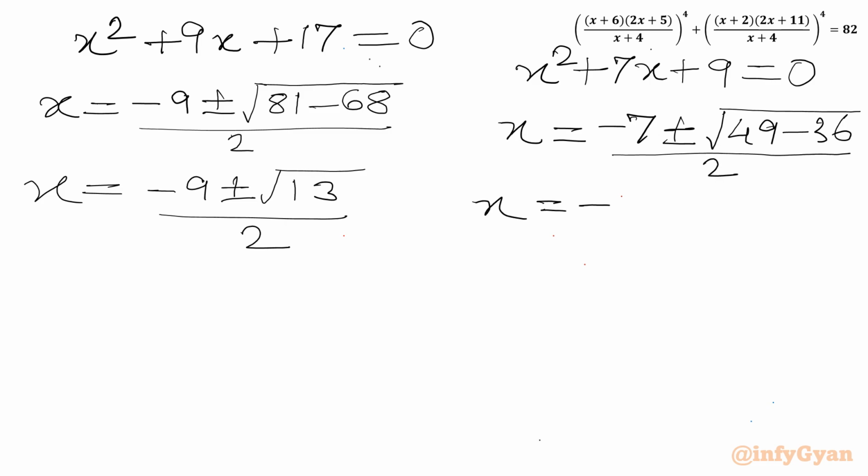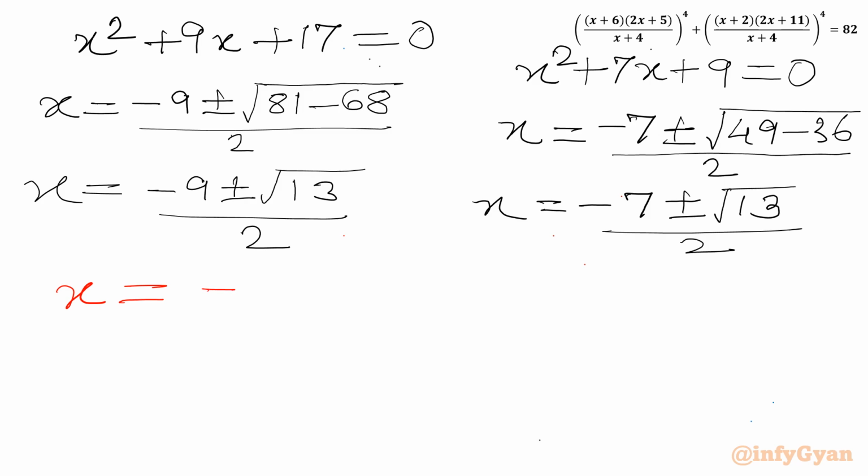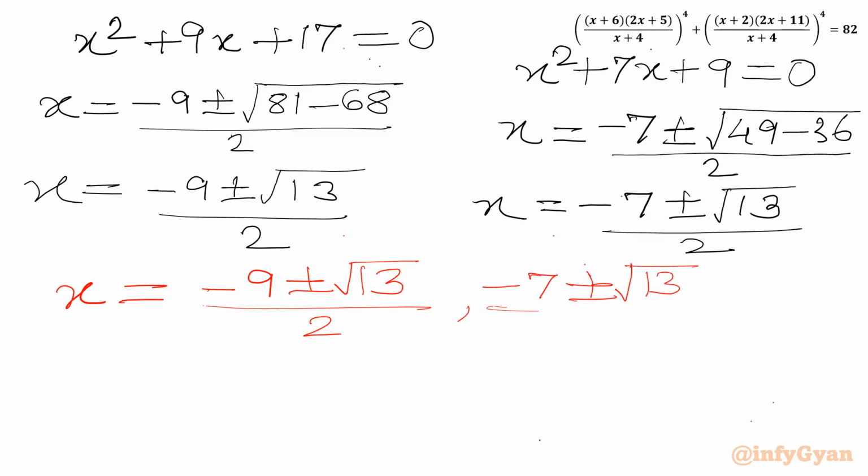So x will be equal to negative 7 plus minus square root 13 over 2. So finally we have all four solutions and all are real. Minus 9 plus minus square root 13 over 2, minus 7 plus minus square root 13 over 2.